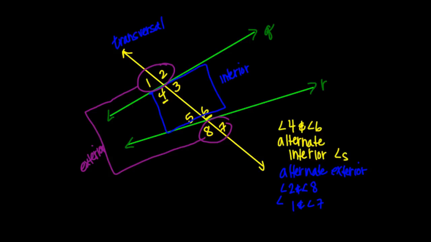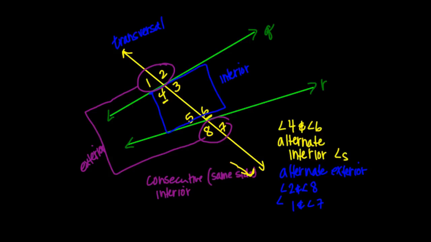All right. Consecutive interior. Consecutive interior means on the same side and inside. So we already know we're working with interior angles. It has to be 4, 3, 5, or 6, right? Consecutive interior, I like to call this same side. Same side of the transversal.